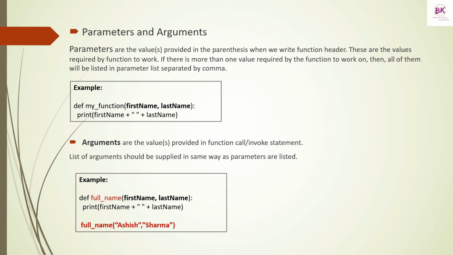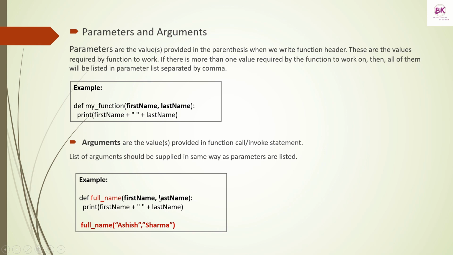Here is the example we have. I have created a function called full_name, and that has the parameters first_name and last_name. Here full_name is the name of the function, and what this function is doing is taking two parameters, first_name and last_name, and finally printing the full name by adding first name and last name, or you can say by concatenating the first name and last name strings in order to calculate the full name.